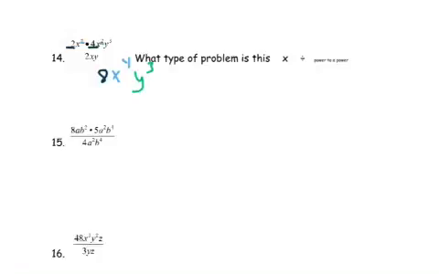In my denominator, I have 2xy. Now I can follow the rules for division. So when I divide, remember you divide your coefficients out in front. So 8 divided by 2 is 4. For x's, I have 4 minus 1, which would give me 3. And for y, I have 3 minus 1, which gives me 2.